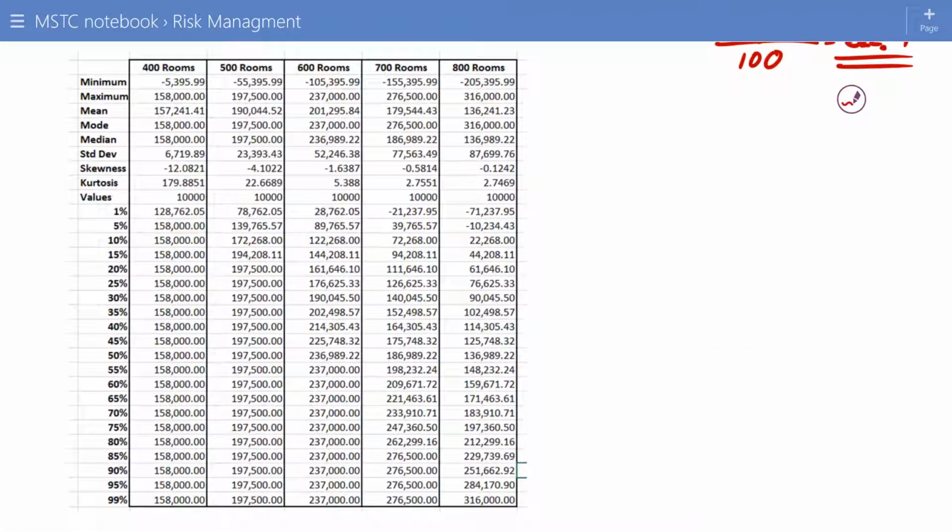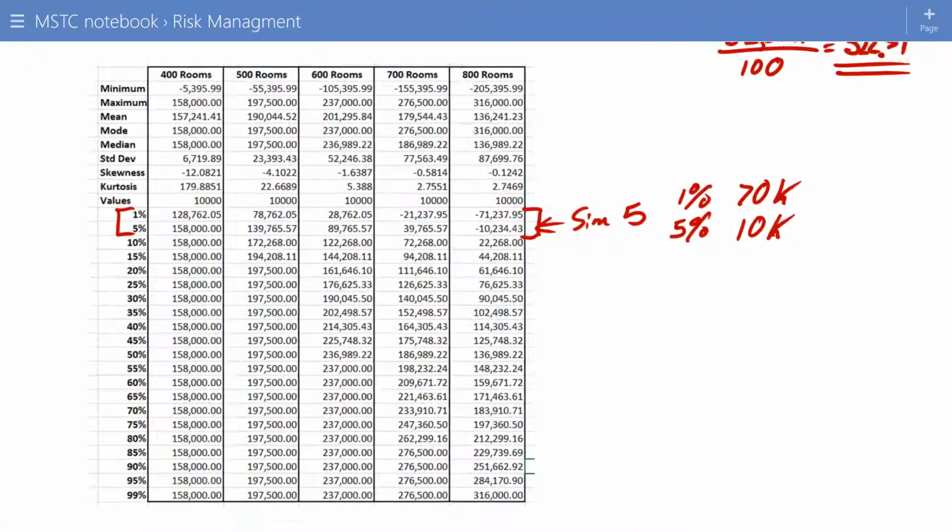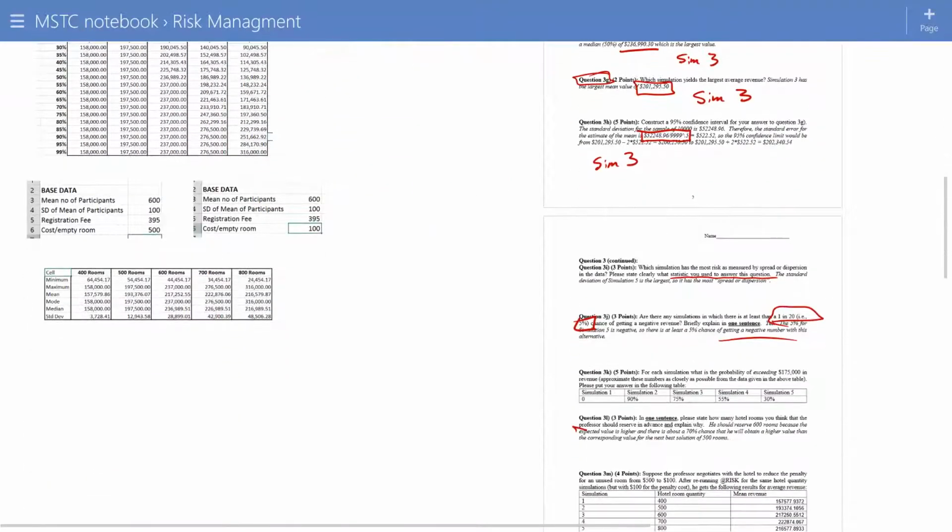And you look at these values and you say, is there at least a 5% chance of losing money? Yes. That is in simulation 5. You have a 1% chance of losing 70,000 and a 5% chance of losing about 10,000. So that's your answer for that question.